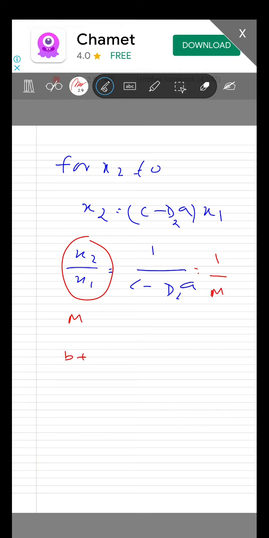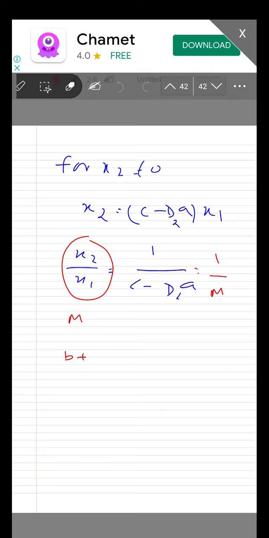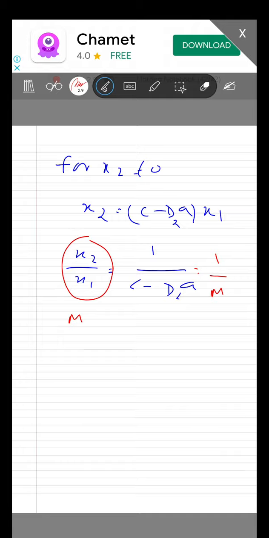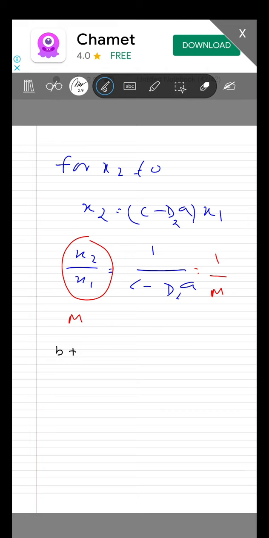Similarly, from the previous equation we can write b plus a into d1 is equal to 1 by c minus a d2, and it is equal to 1 by m.